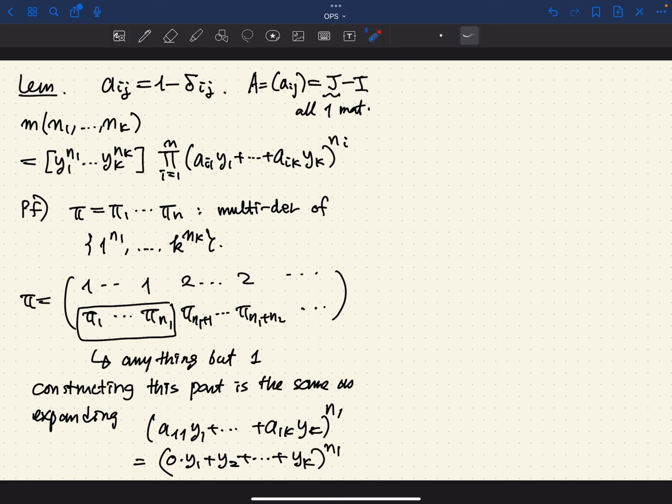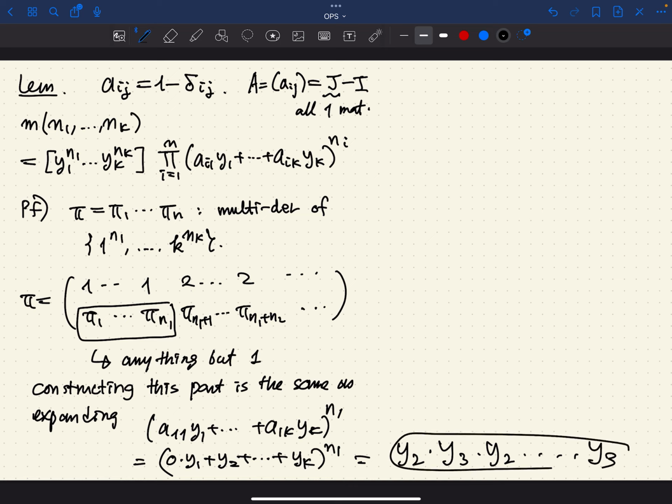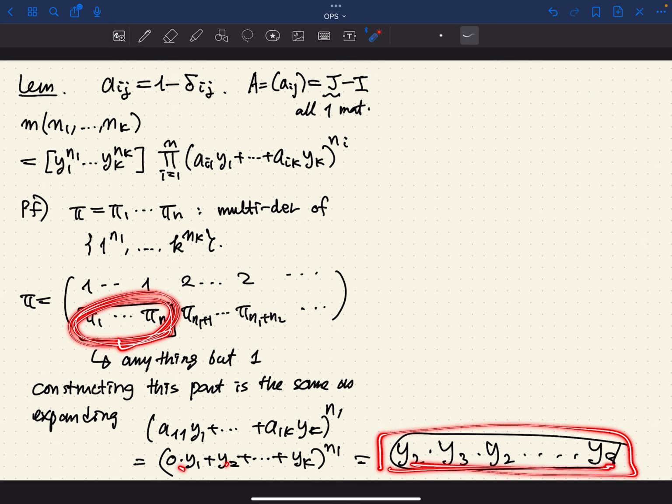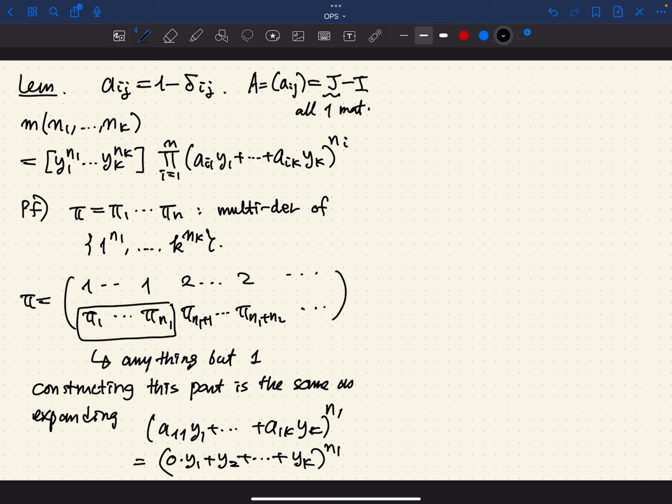How do you expand a product of polynomials? You select one term in each factor. Then if you expand this, everything appears. Like you select y2 first, then y3, then y2, etc., and at the end you get, say, y3. This will give us the word that you can get over here, because anything but 1 can appear, and the length is n1. So you do the same thing with the second part.